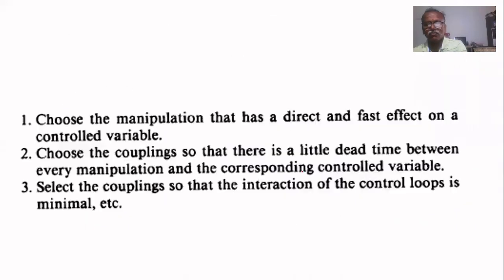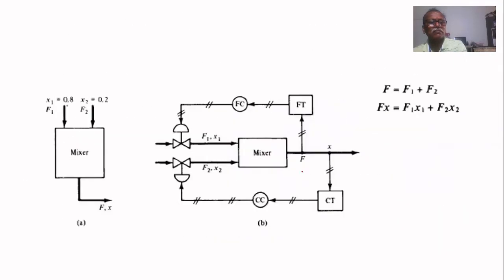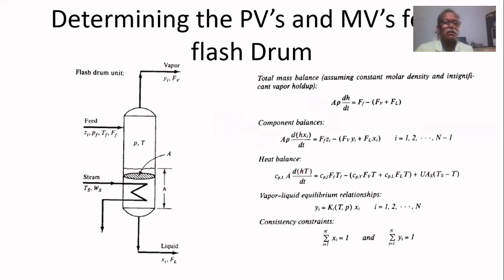This flash drum. In this flash drum, pressure has to be controlled, temperature has to be controlled, out of how many variables? 2n plus 7 variables. We have to control pressure, temperature, feed flow rate, and the level.